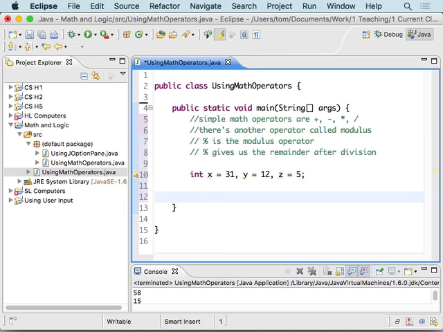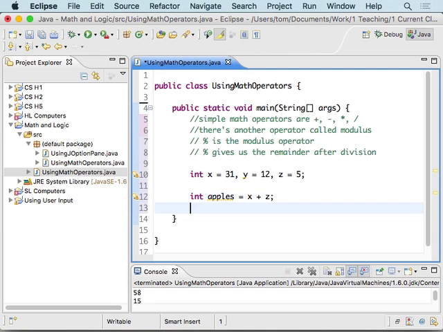Then let's continue with this and say that we have a new variable called apples, okay? And apples is going to be equal to x plus z. And then let's print out apples.